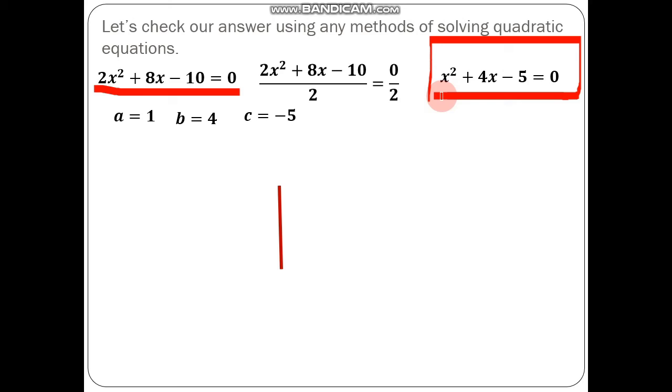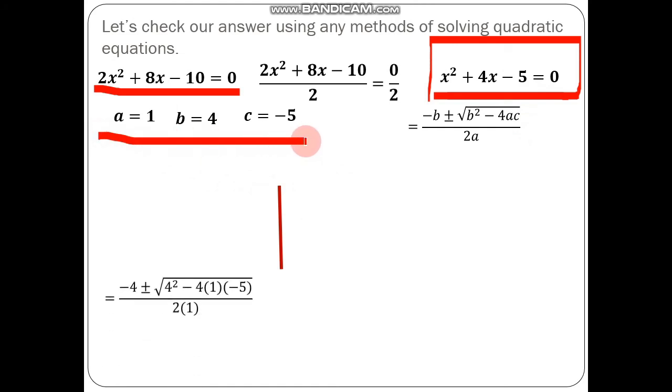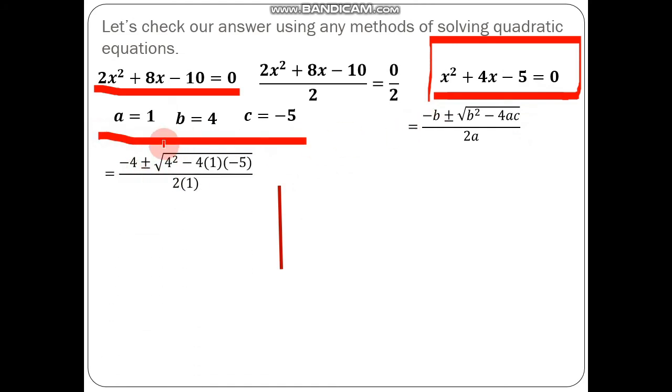Again, we are going to pick one of the 4 methods, and I'm going to pick the quadratic formula. So from this quadratic formula, we substitute b is 4, a is 1, c is negative 5.